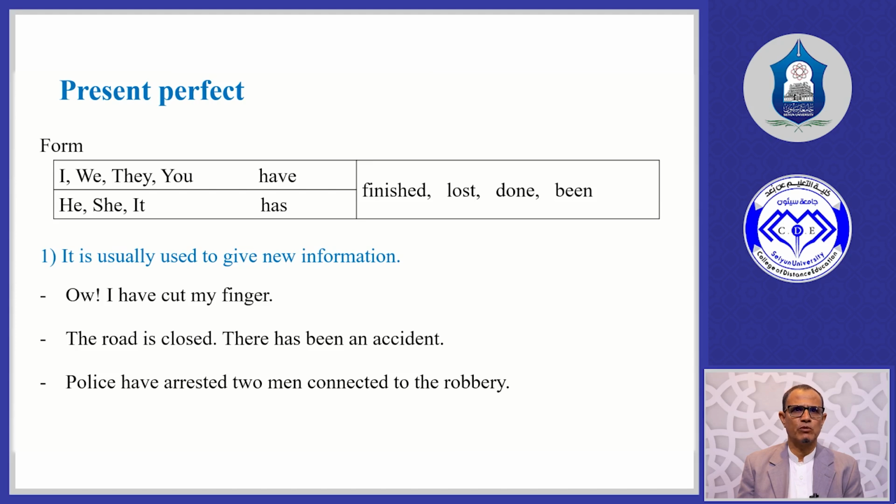Police here is the subject, then the verb to have, and then arrested is the past participle. So this sentence also is in the present perfect tense. All these 3 sentences are in the present perfect tense because they have the form of the present perfect tense, which is have or has followed by the past participle.